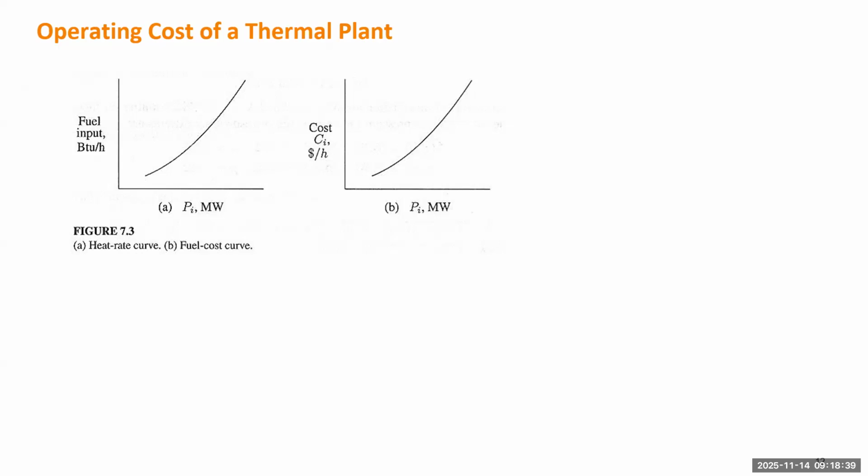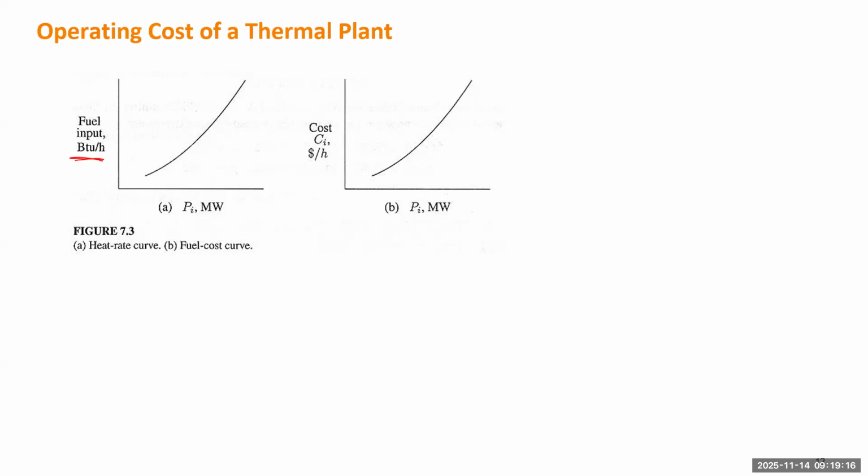For a power system, we need to construct the cost function for a power plant. If we're talking about a thermal power plant, the input will be the fuel, right? We can treat the fuel as being fed into this power plant at a certain speed, so every hour there will be some BTU. BTU is the British thermal unit, a unit to measure how much fuel we feed into this power plant.